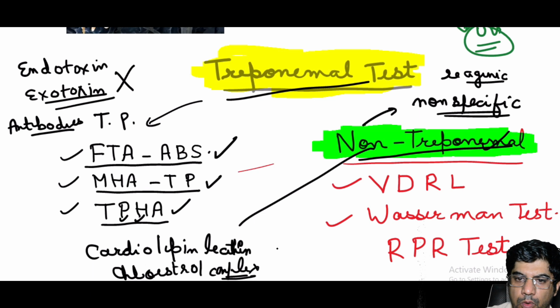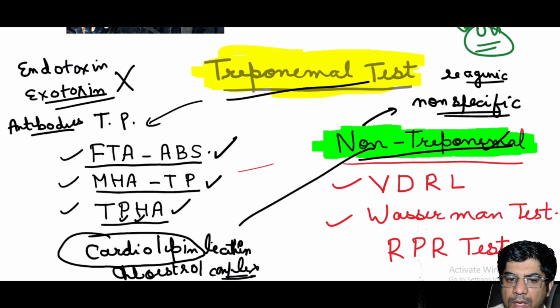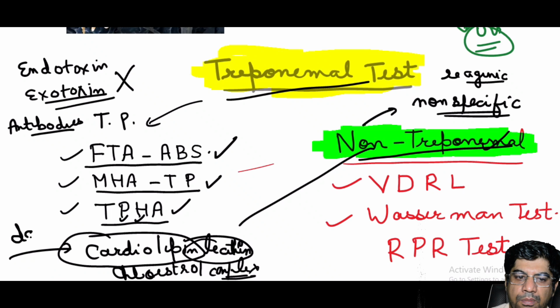They do not detect antibodies specifically against the Treponema pallidum itself. Instead, they detect antibodies against the cardiolipin lecithin that is released from the damaged cells.